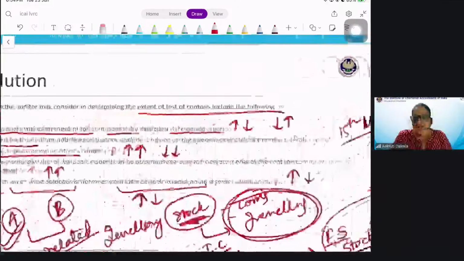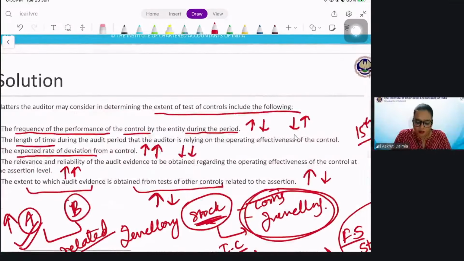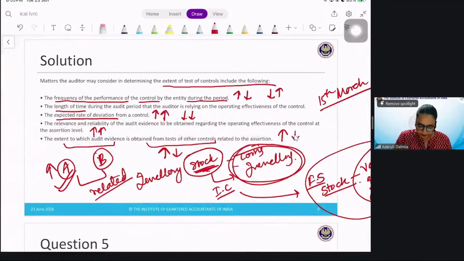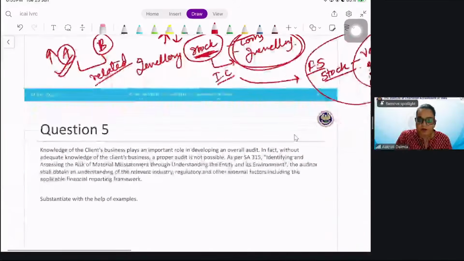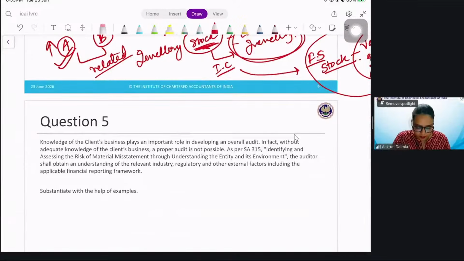That is what it is trying to say: the length of time during the audit period in which the auditor has to rely on that control system. Is that clear now, Sumit? Some things happen every month, some every day, some once in 6 months, so that also makes a difference to how much checking you will do. Okay, next. I've given a lot of time to this answer. We'll move on.